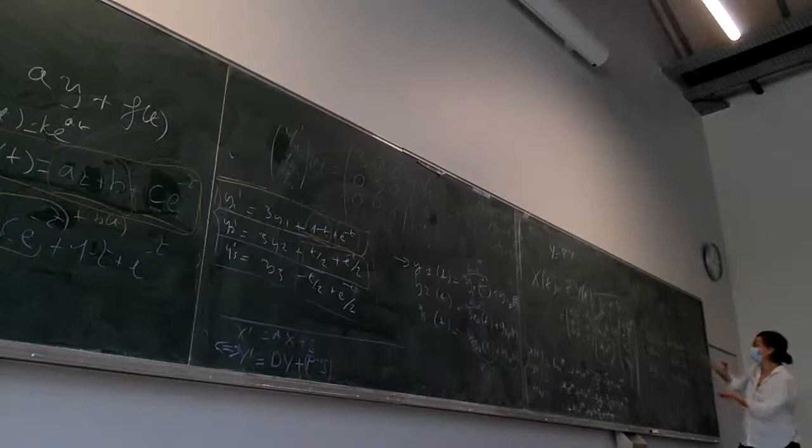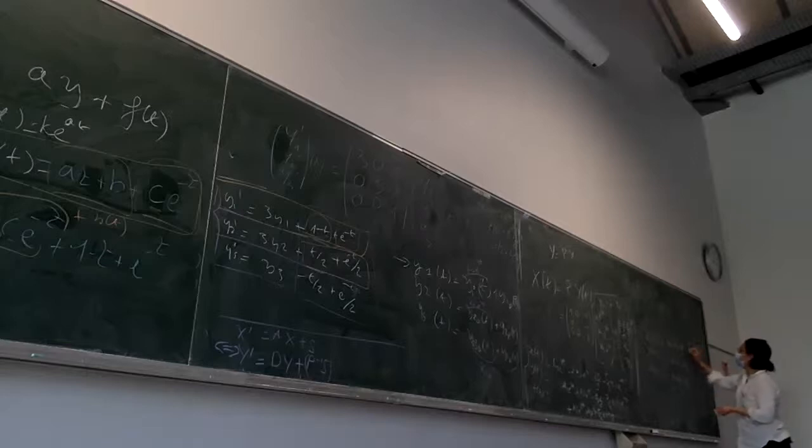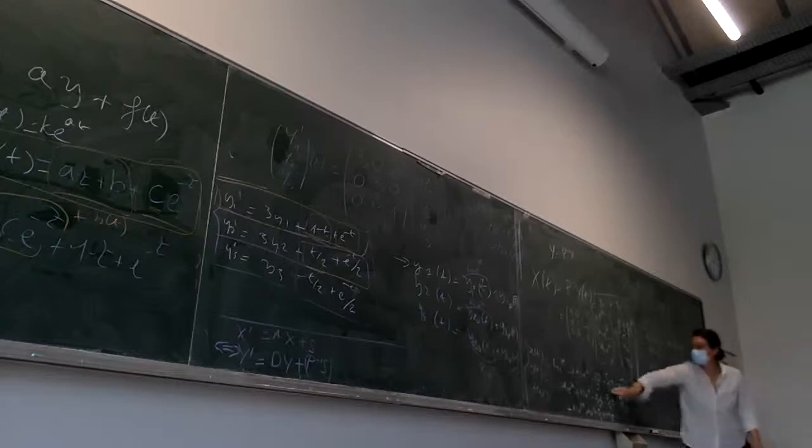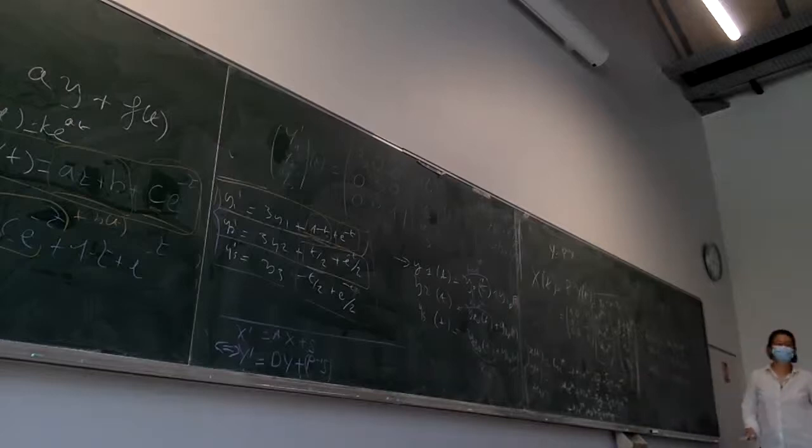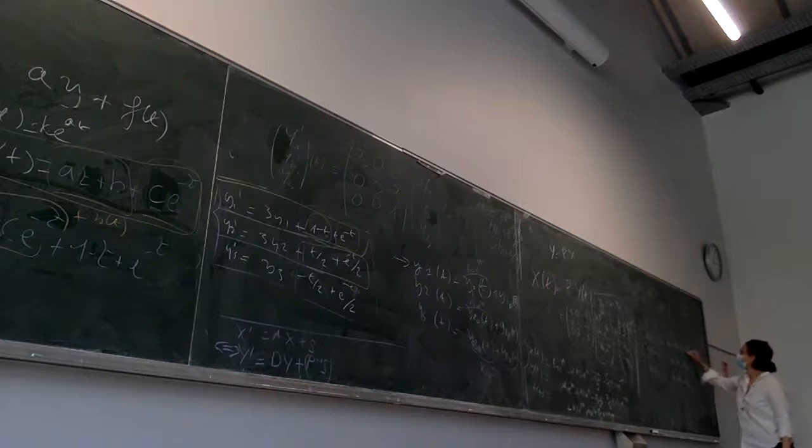By the way, I forgot minus 1 here, thank you, and minus 1 over 2 here. No, because when t is equal to 0, that's just the exponential that gives me 1. So minus 1.